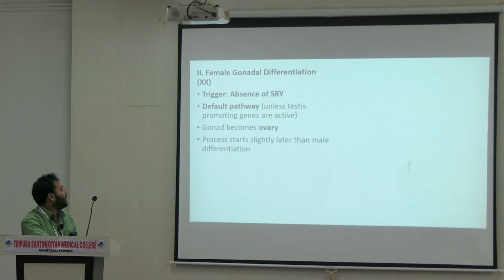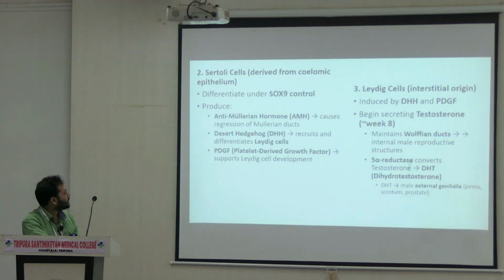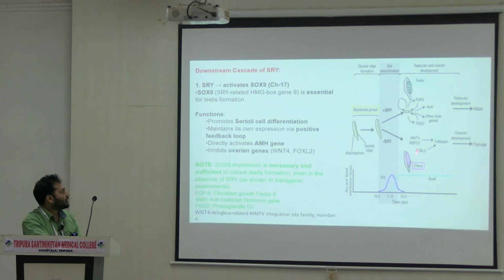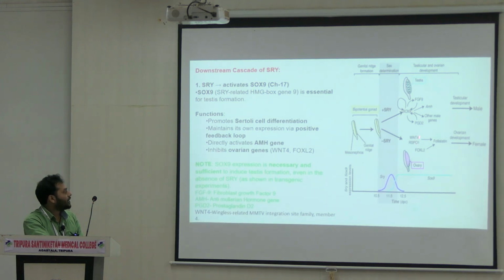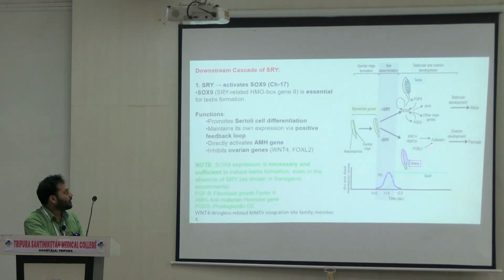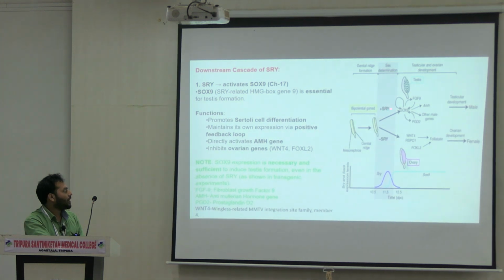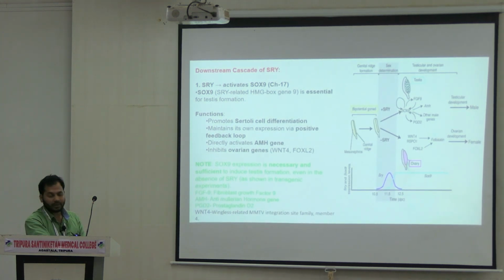Now, in the case of female, as I have already mentioned, these are the most important genes that promote the female pathway, and the activity of these genes in the presence of SRY is inhibited by SOX9.